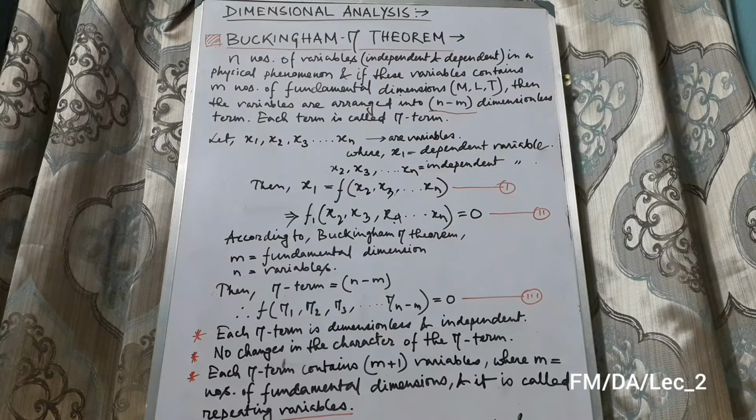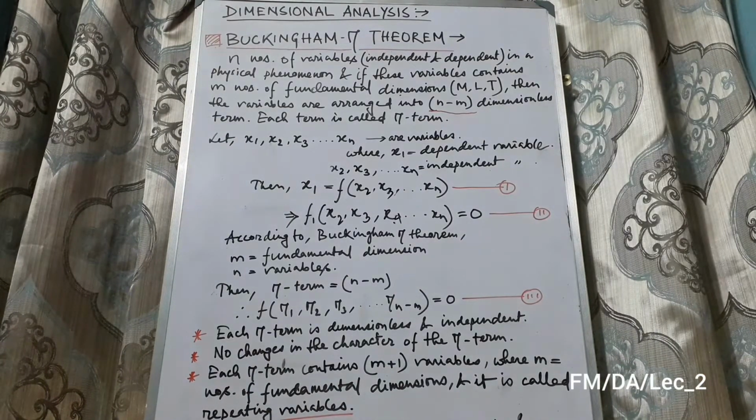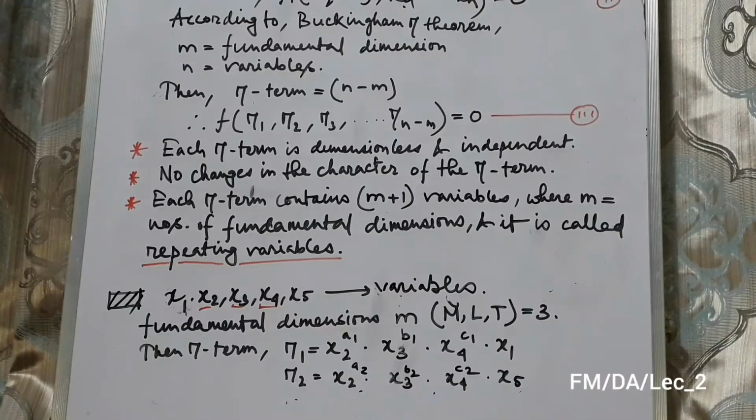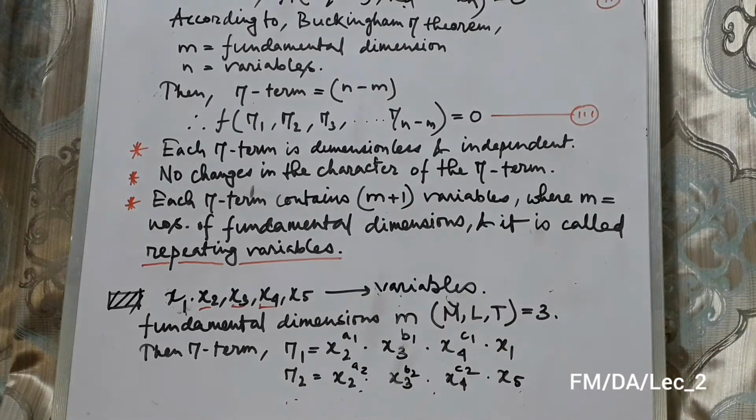Now considering x1, x2, x3, x4, x5 are all the variables in a problem, where x2, x3, x4 are the repeating variables.